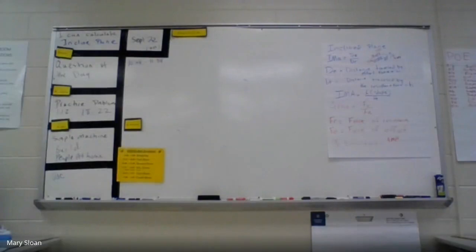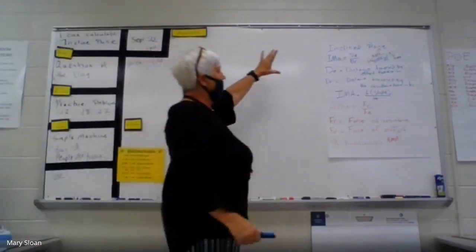Remember, over here, we have our class levers that are already up. We have our IMA and AMA, what that meant to be with an inclined plane, wedge, screw, wheel and axle, pulley, and now we're doing a separate one just for inclined plane.